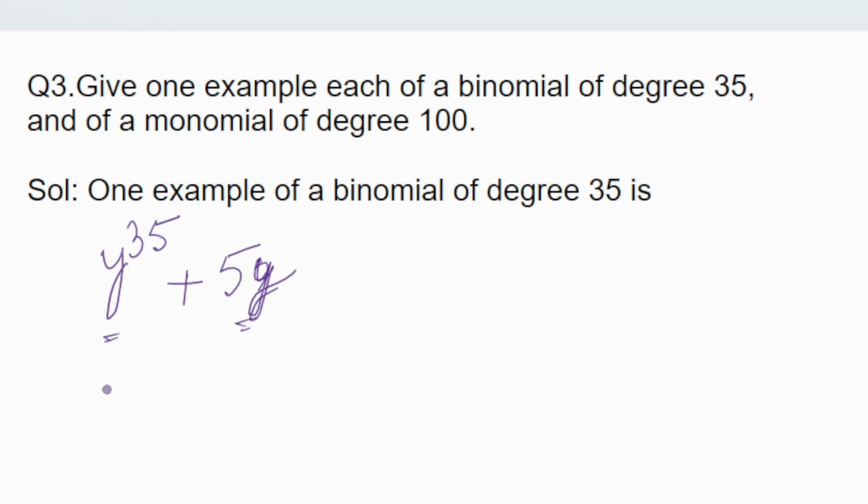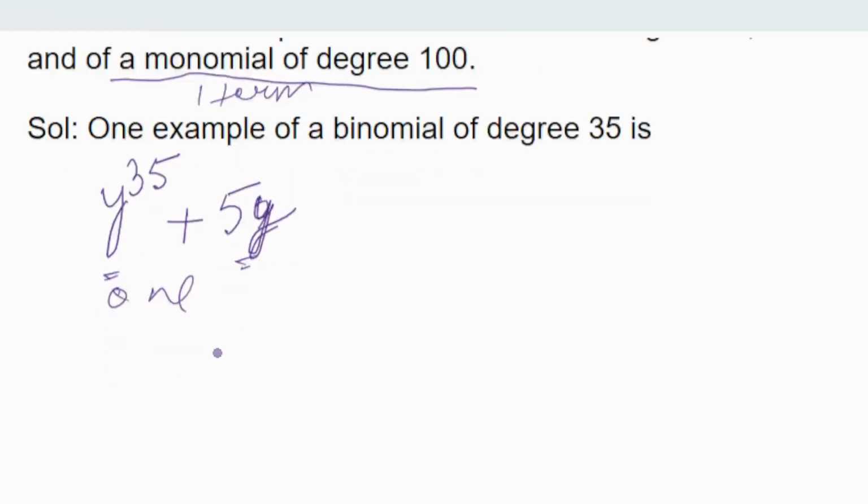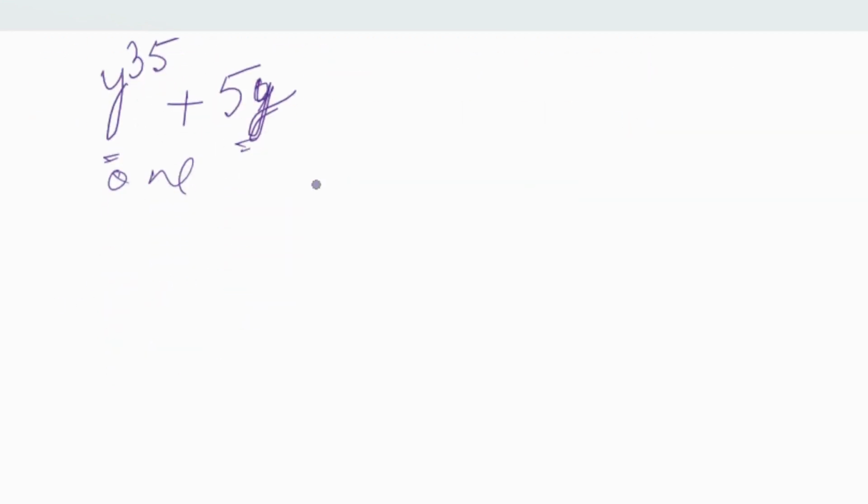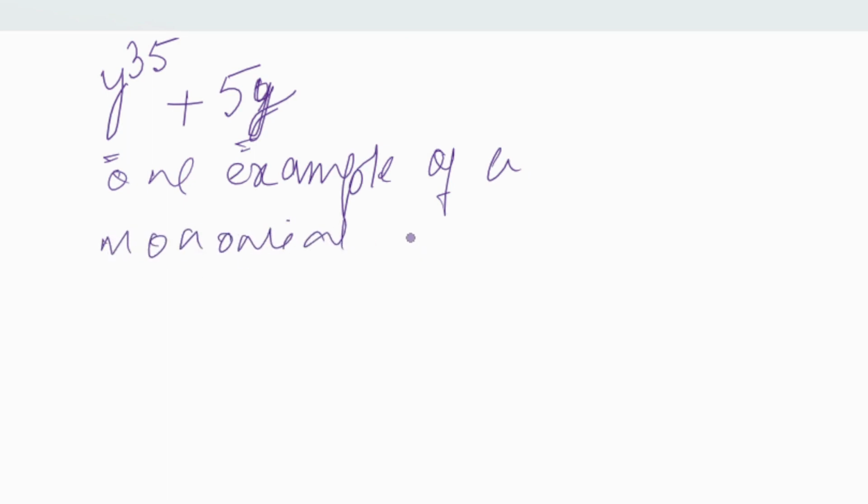Okay, let's do the other one, an example of a monomial of degree 100. Monomial means one term. So I'll write one example of a monomial of degree 100. Monomial means one term, binomial means two terms, trinomial means three terms.